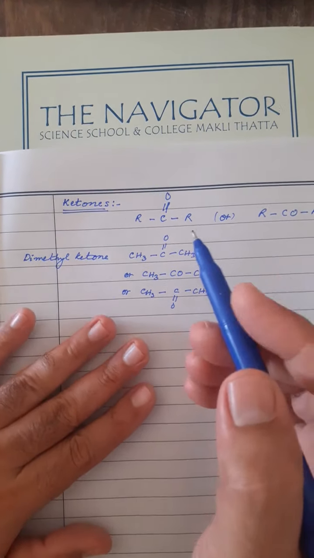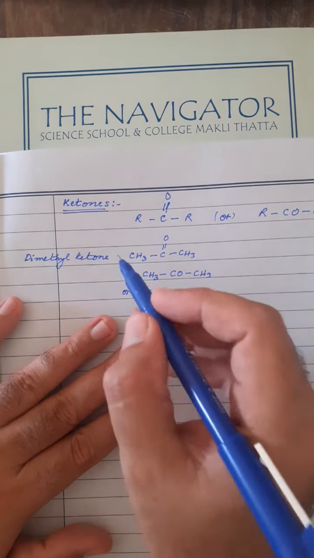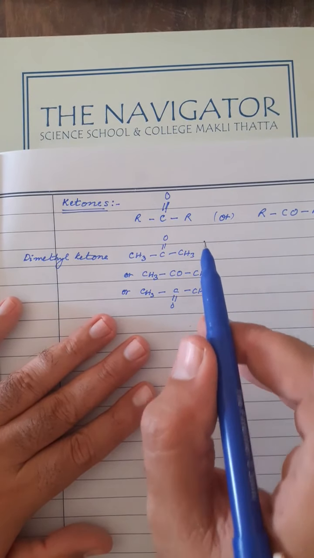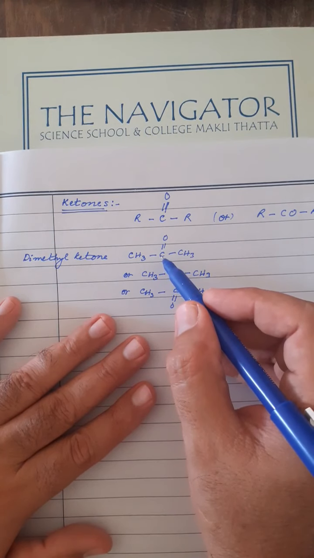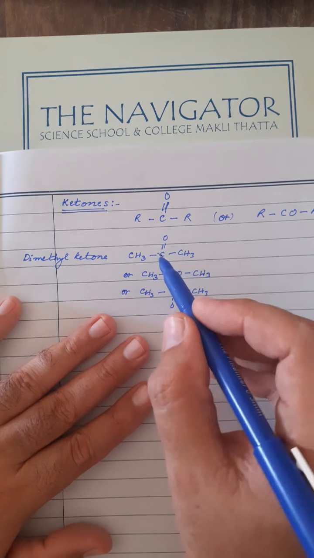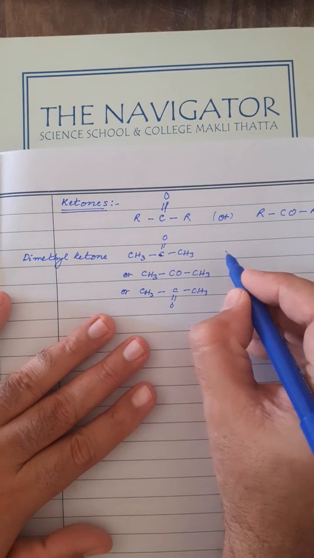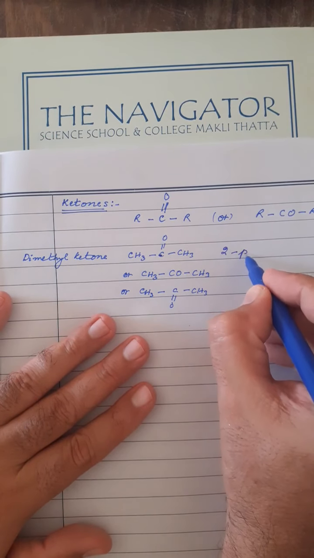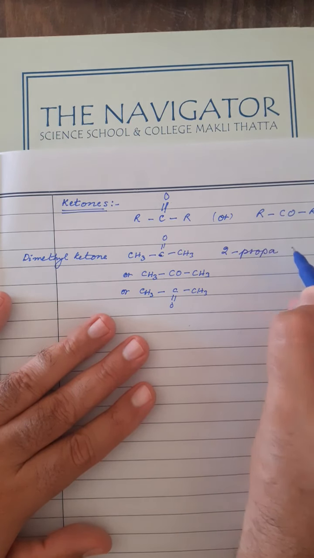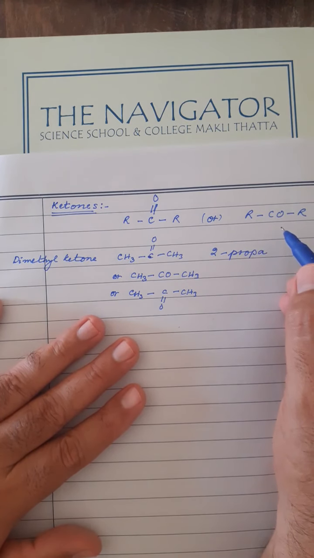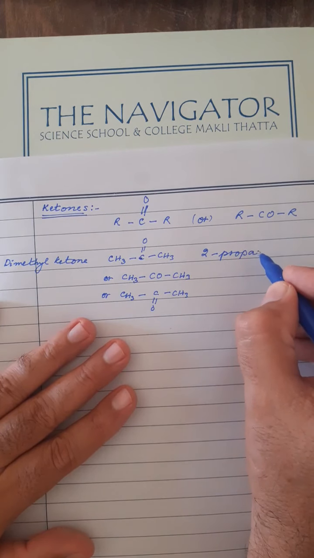But in the IUPAC naming, we number the chain, right? 1, 2, 3, same from either side. Normally, we will number the chain from where the carbonyl is nearest. So the carbon of carbonyl must get the smallest number in value. This is 2. Okay, 2 propa. Why propa? 3 carbons. For ketones, the suffix is one. So you just write propane, right?